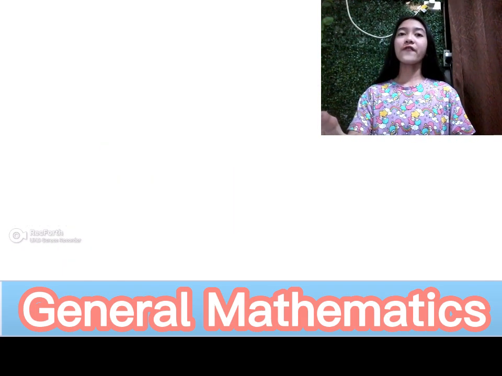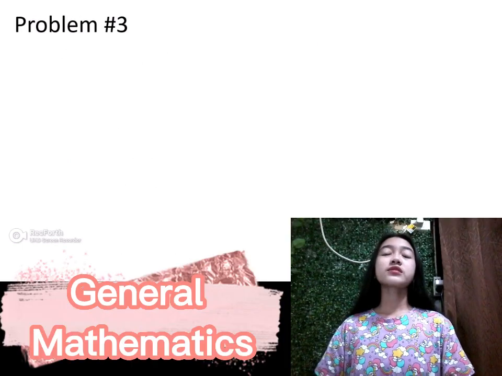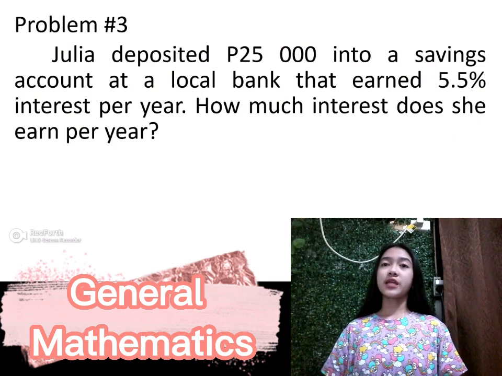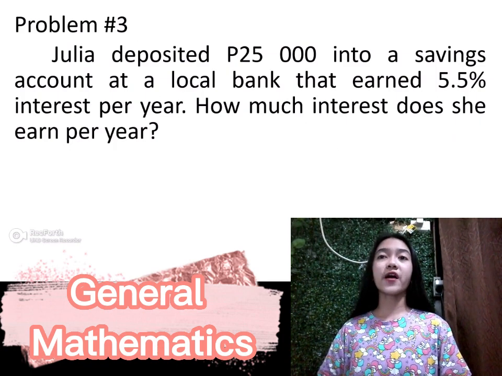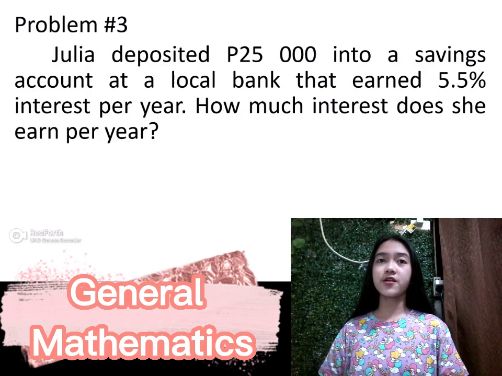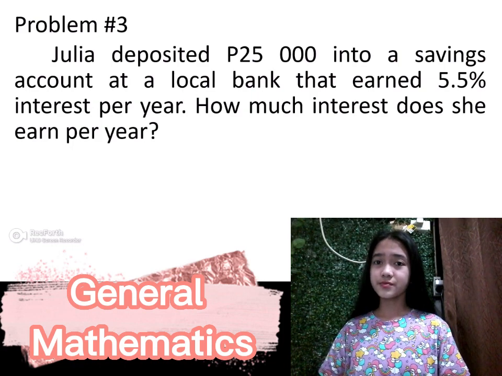Next, we'll have problem number 3. Julia deposited 25,000 into a savings account at a local bank that earned 5.5% interest per year. How much interest does she earn per year?